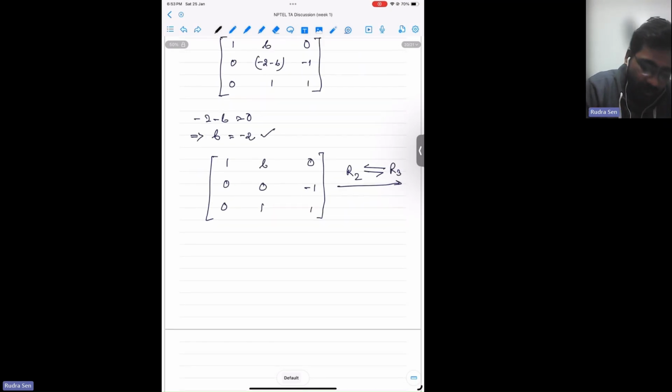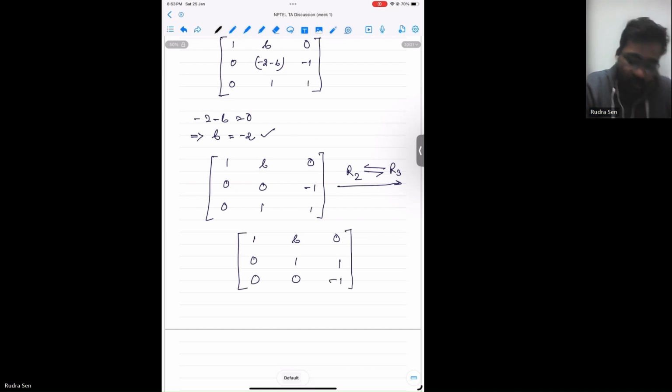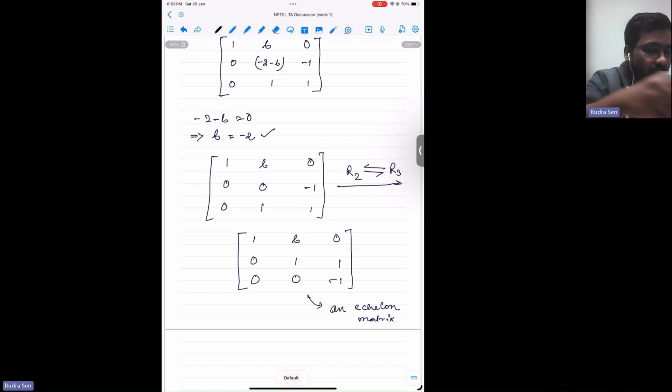So this is 1, b, 0; 0, 1, 1; and 0, 0, minus 1. So we get an echelon matrix. The value of b should be minus 2, which leads to the row exchange operation. Do you understand what the question means?